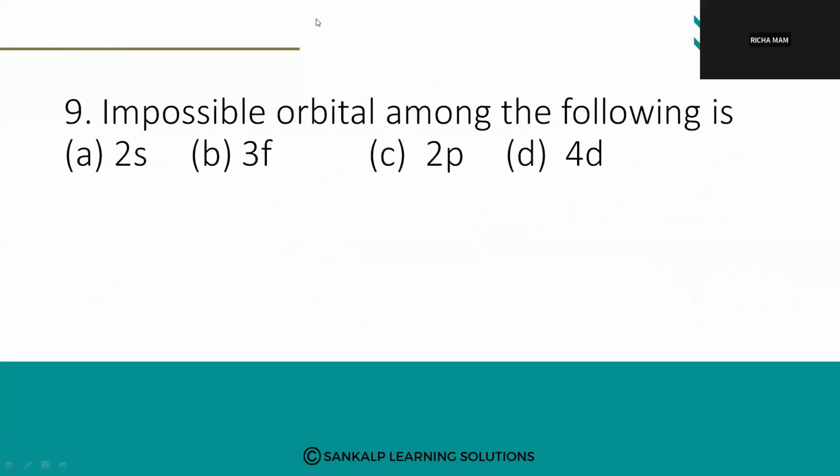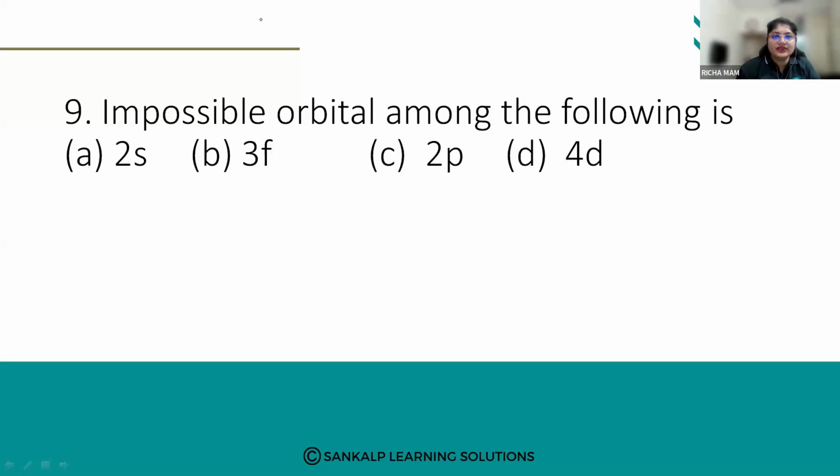Impossible orbital among the following is. Which is the impossible orbital among the following? A, 2s, B, 3f, C, 2p and D, 4d.